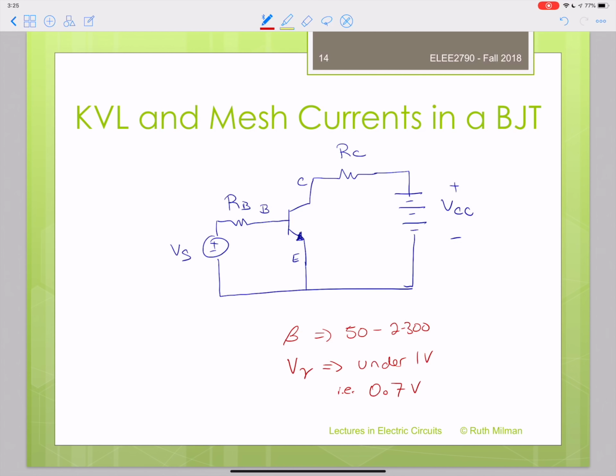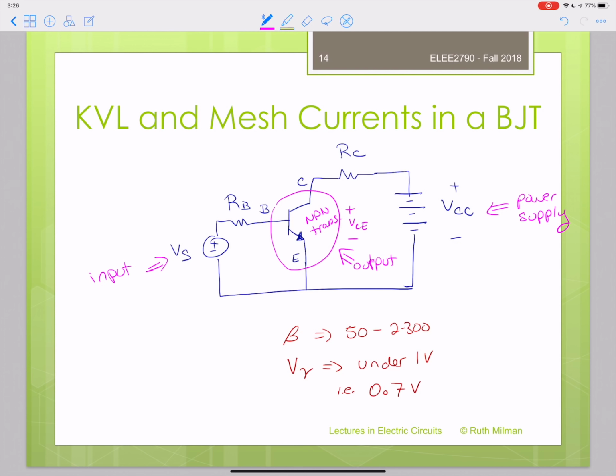Now, what are each of the components of this circuit? VC is the power supply. This is our NPN transistor. VS is our input, and our output is the voltage across the collector to the emitter.